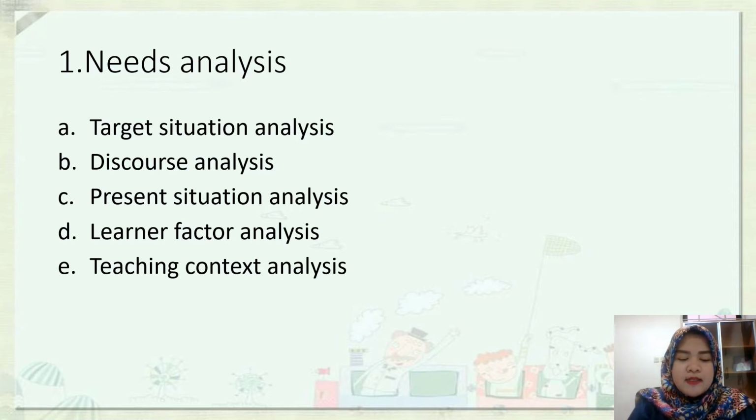The needs analysis process involves a target situation analysis, that is, identification of tasks, activities, and skills learners are using English for, and then what the learners should ideally know and be able to do.